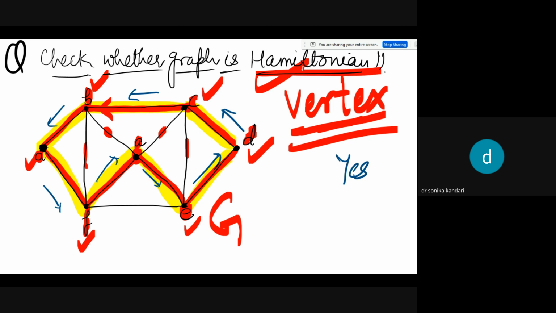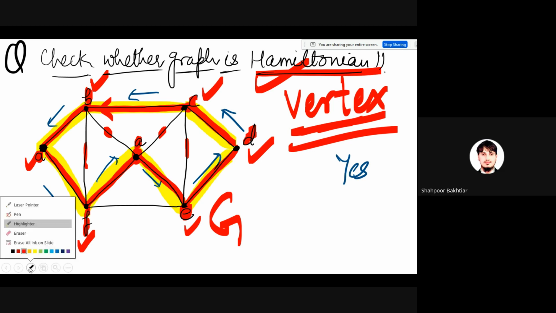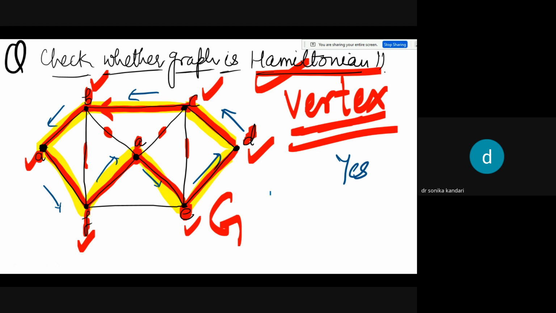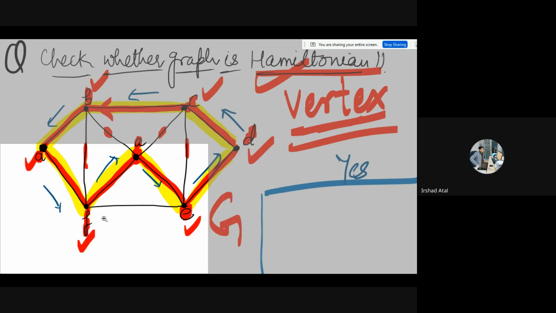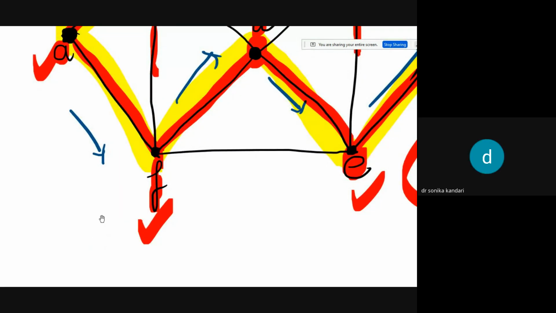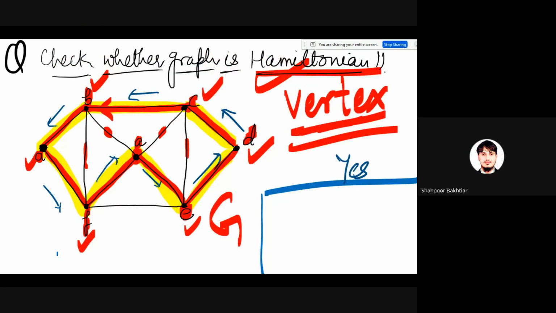Is it clear, class? Yes. What is the difference between Hamiltonian and Eulerian? I think Eulerian graphs can be Hamiltonian, but Hamiltonian cannot be Eulerian.